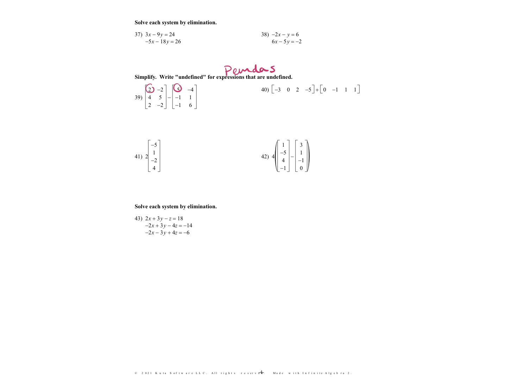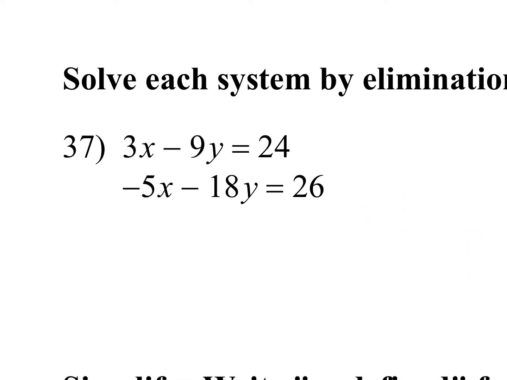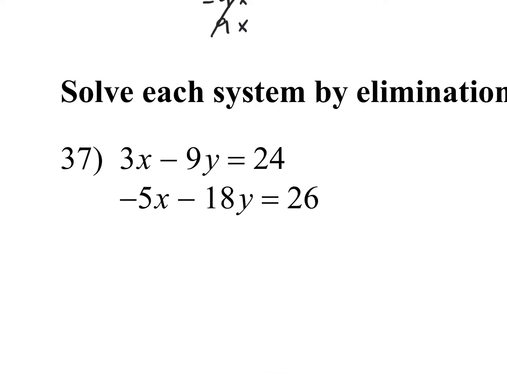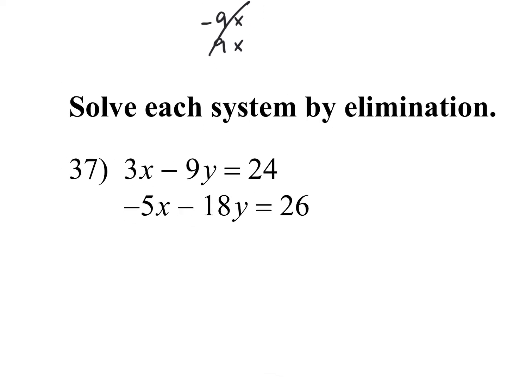So 37. Here we have to solve by elimination. So elimination, we need the same number, but opposite, so they'll cancel. So if we had like negative 9x, we need a positive 9x, so then they'll cancel. Do we have the same number, but opposites here? No. But we can multiply the first equation by something to get it to be a positive 18. So what can I multiply to negative 9 to get a positive 18? Negative 2. So I'm going to multiply everything here by negative 2.